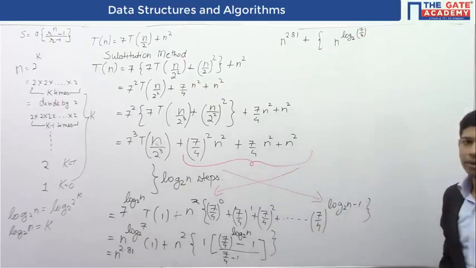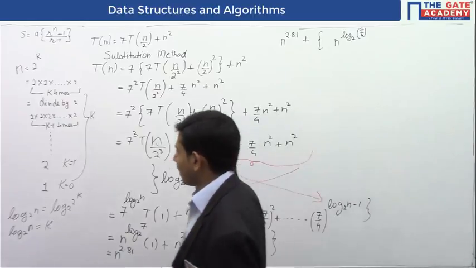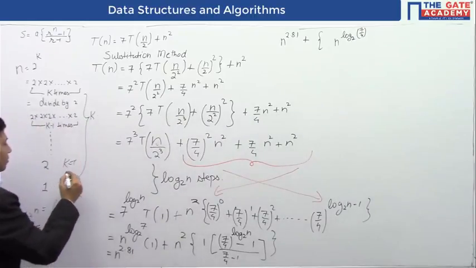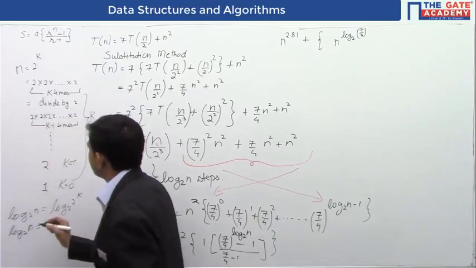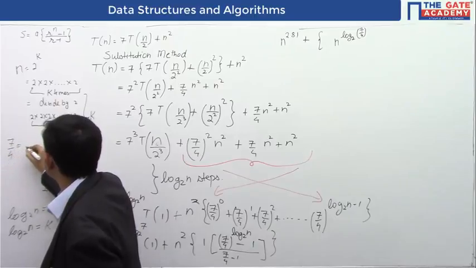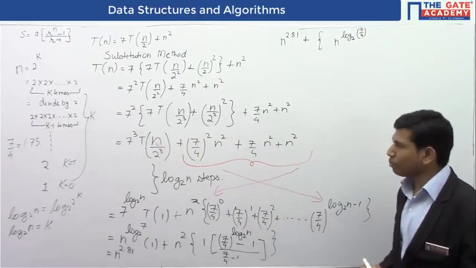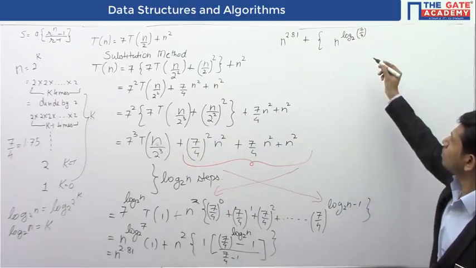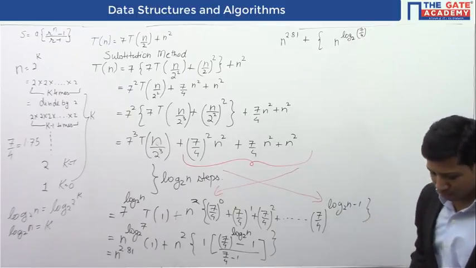Now what is the value of 7 by 4? When you divide, you will find out that 7 by 4 is equal to 1.75. So this will become n raised to power log of 1.75 to the base 2.